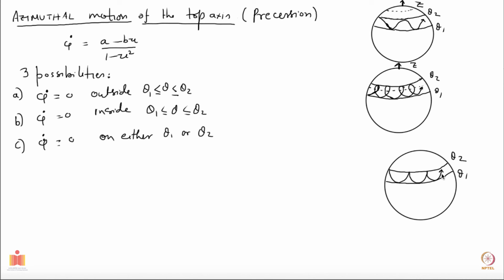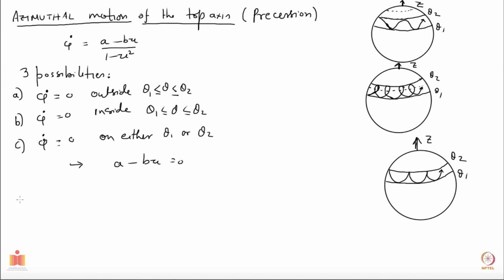So it continues in this manner, where this was the z-axis. Let me write down. All these correspond to a minus b u equal to 0.